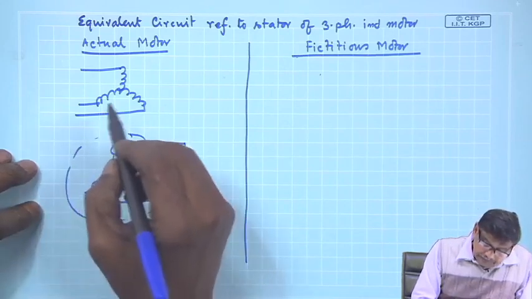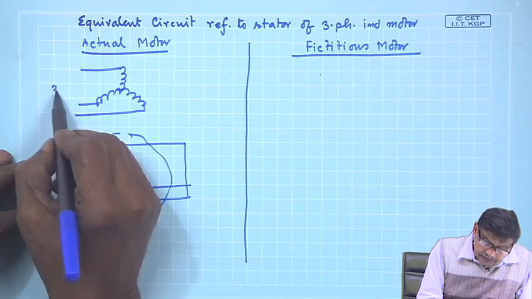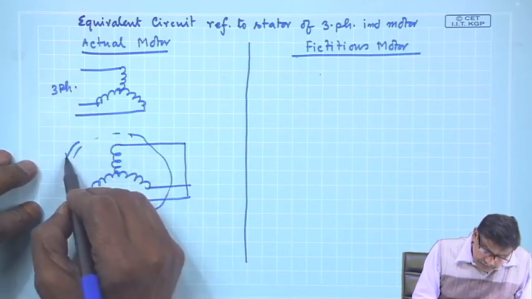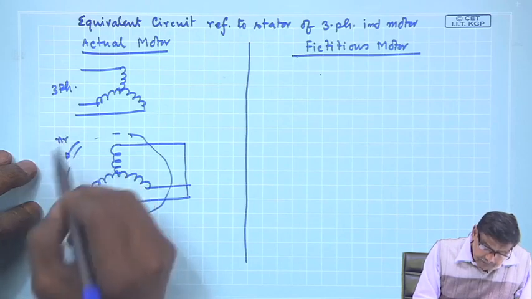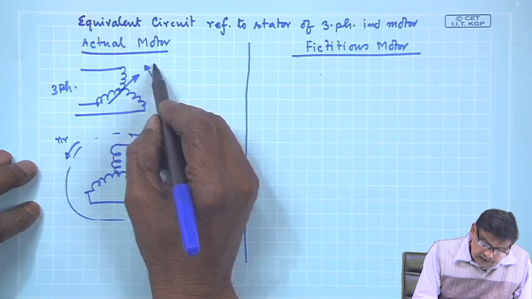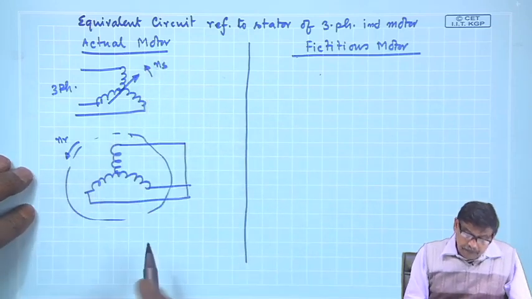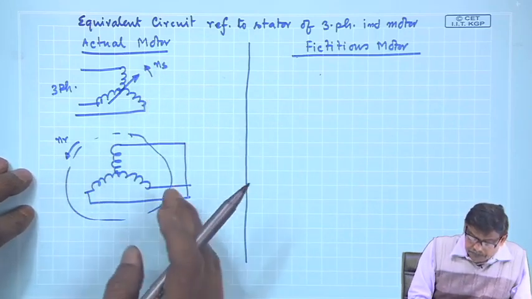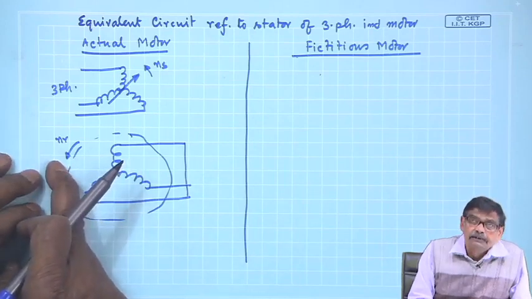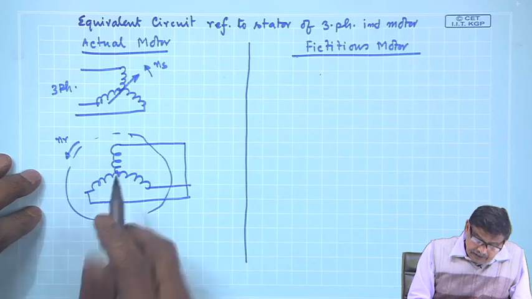Here you have energized with 3-phase supply, and the machine is running with a speed NR, and your fields are moving with speed ns.